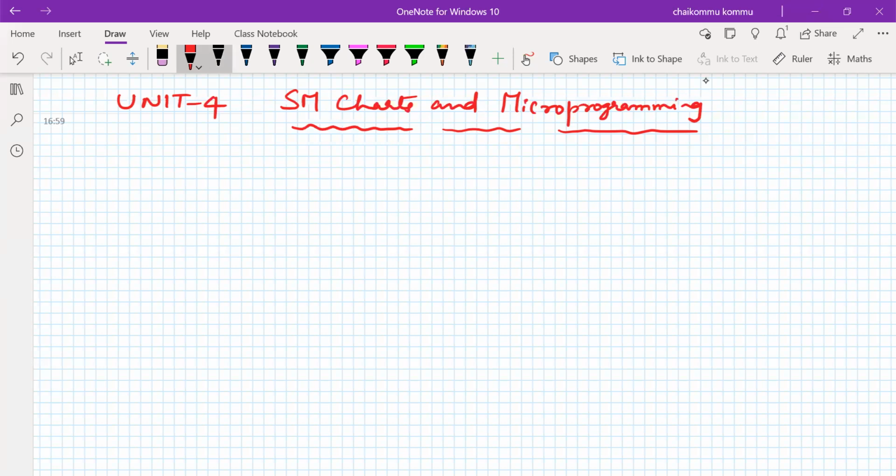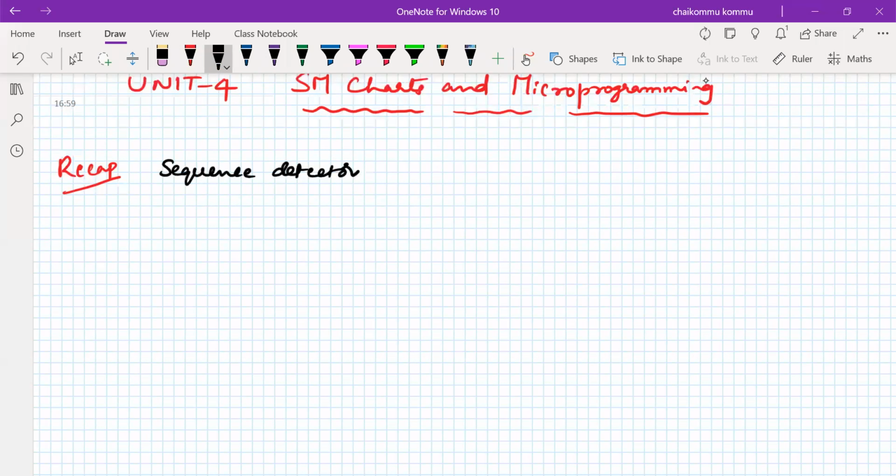Recap. By the way, have you tried to write the program, or shall I write the program for the last class? In the last class we started off with the sequence detector. What is the method that we have used there?